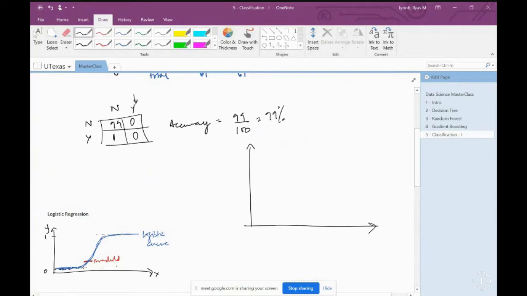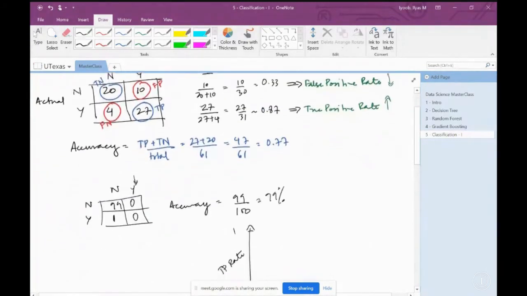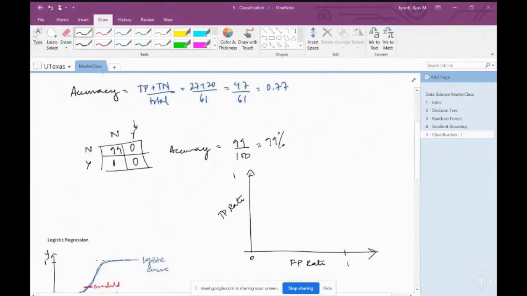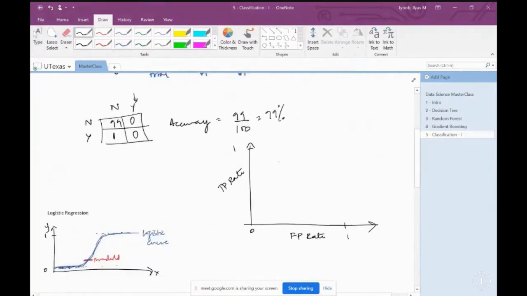Let's put our false positive rate on the x-axis and our true positive rate on the y-axis, and they're both between 0 and 1. This specific one has a value of 0.87 for true positive, so somewhere here, close to 0.9, and the false positive is 0.3. So somewhere here. This is our point.